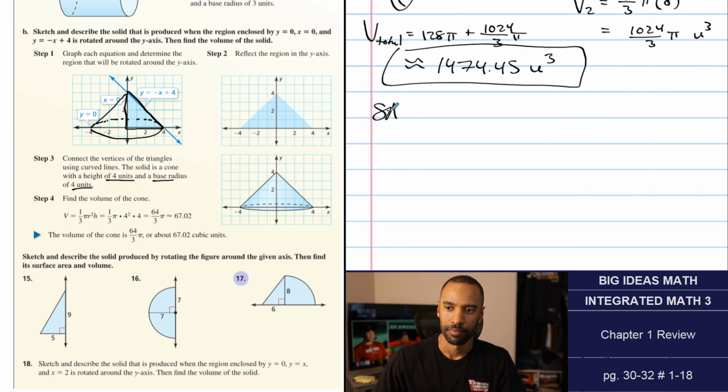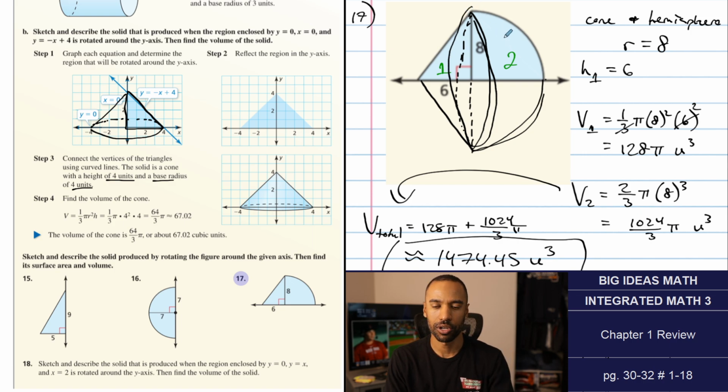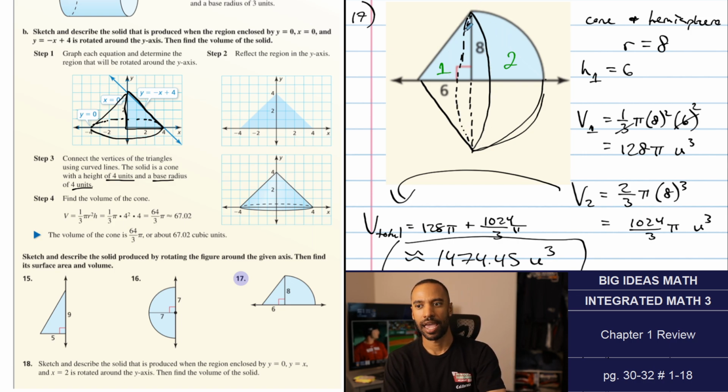Surface area, this is where we have to go. That circle, remember this is a circle right here, right? That part, that circle is the cone's bottom and the hemisphere's bottom, or whatever you call it. It's covered. It's not a part of our surface stuff. There are only two surfaces that we care about.